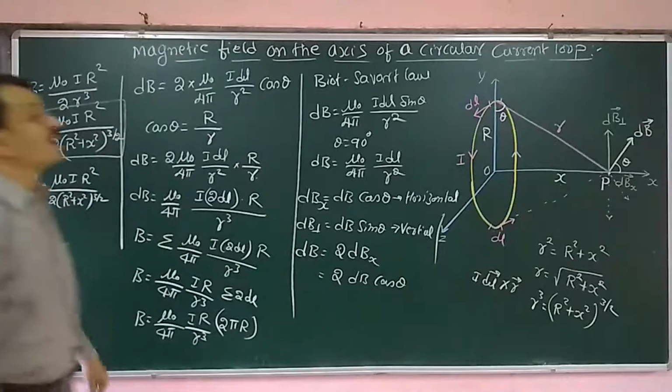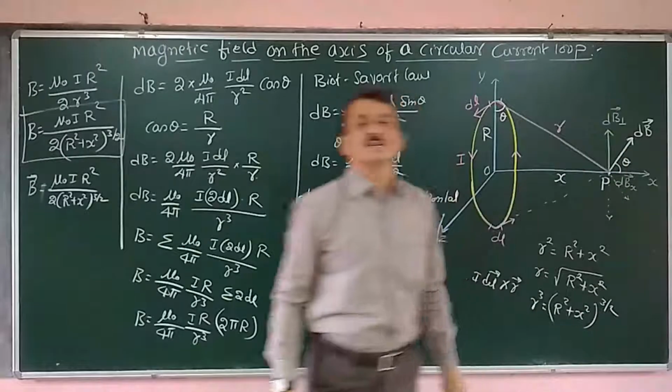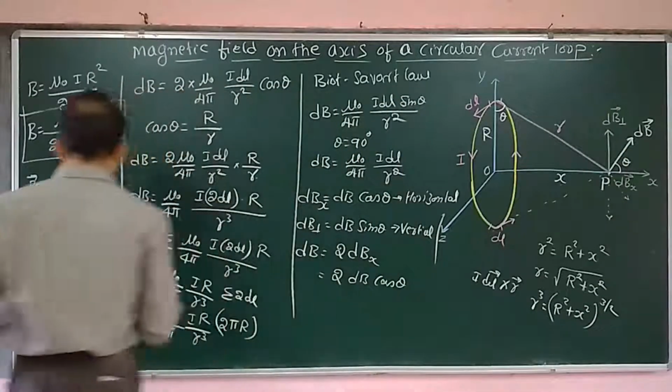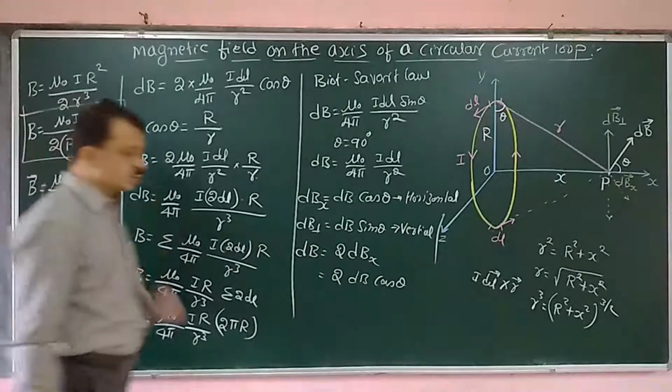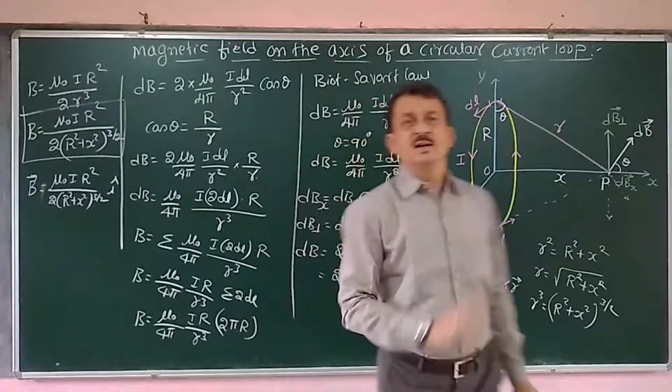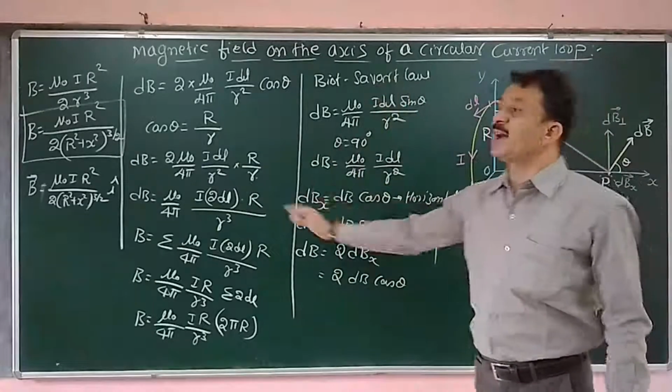We have to write a unit vector. The direction is along the x-axis. Along the x-axis, I cap is the unit vector. This is the magnitude. Clear? Now, like this, we are going to solve. We are going to derive the relation.